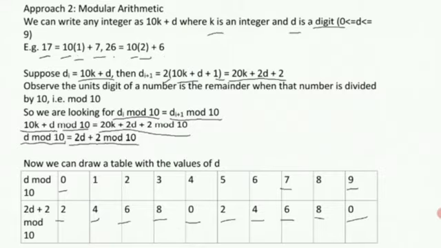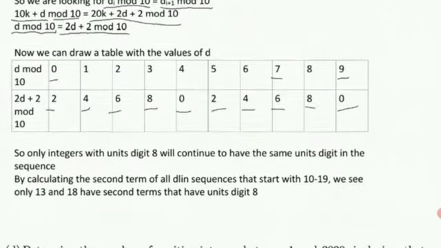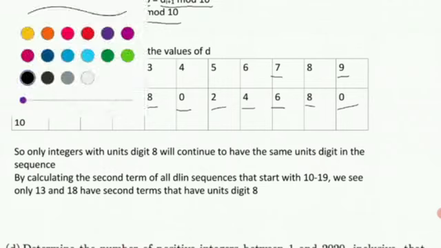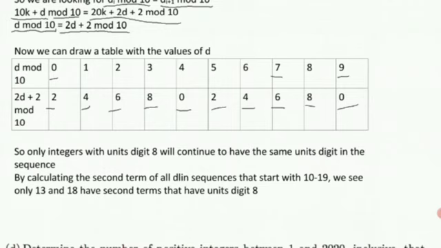Now, observe that only the digit 8 will continue to have the same units digit in this sequence, because for any units digit, we need that units digit times 2 plus 2 to also have the same result mod 10.